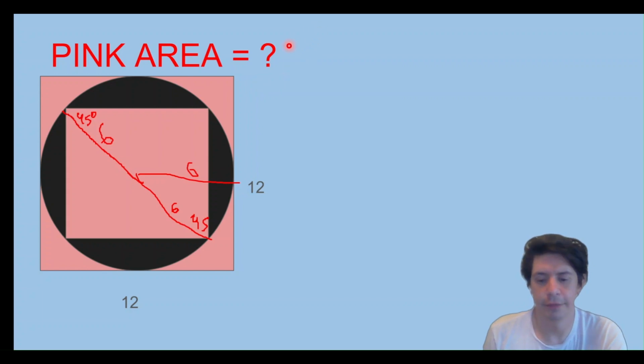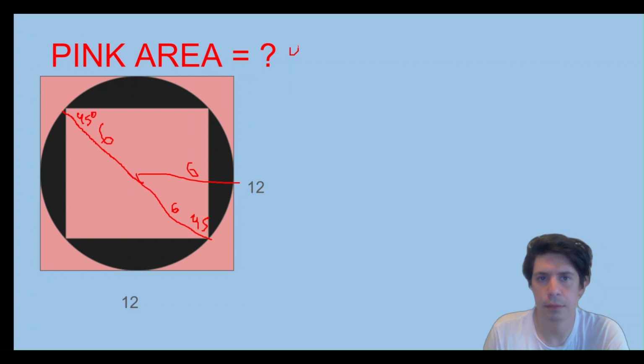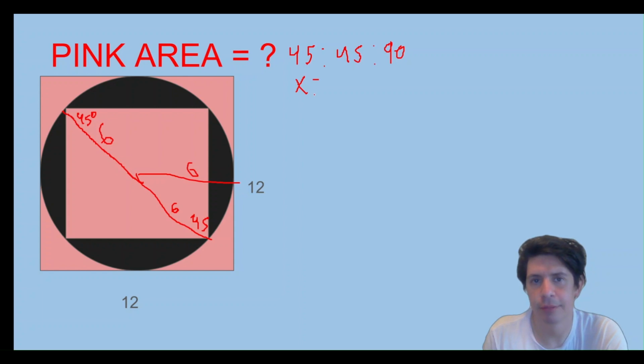If you don't remember, 45, 45, 90 means that across from 45 degrees you have the legs, which are x, and across from 90 we're going to have x root 2.